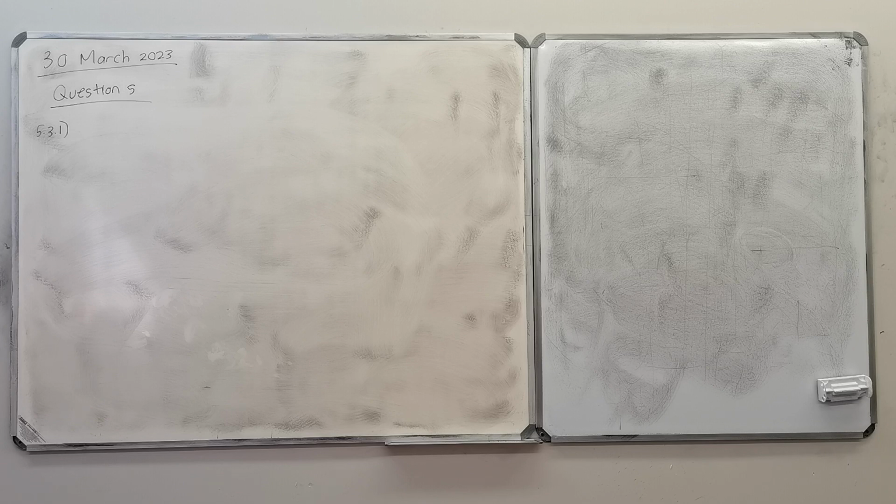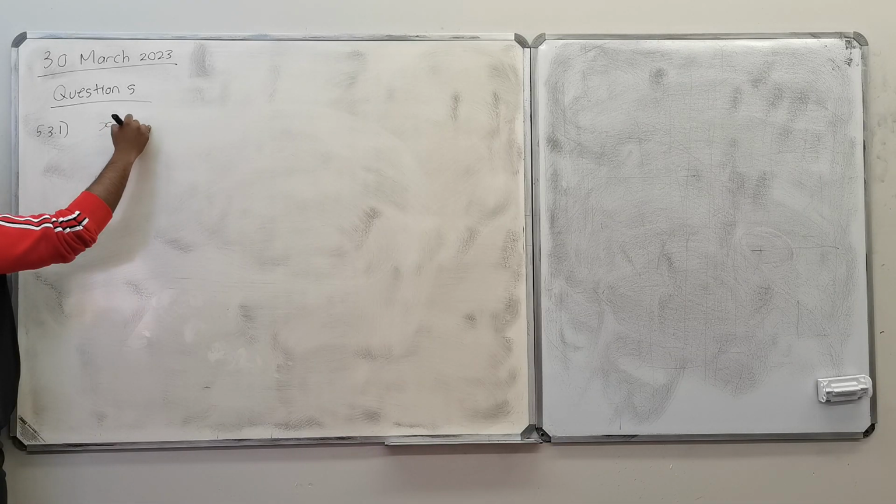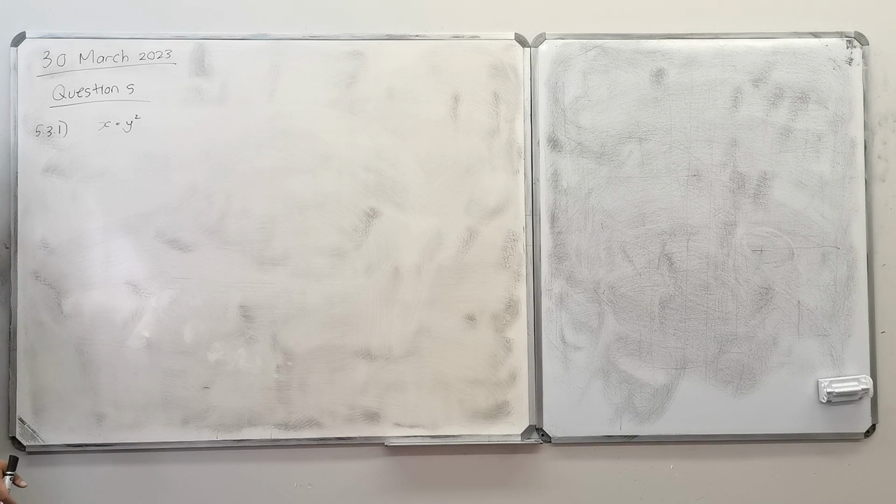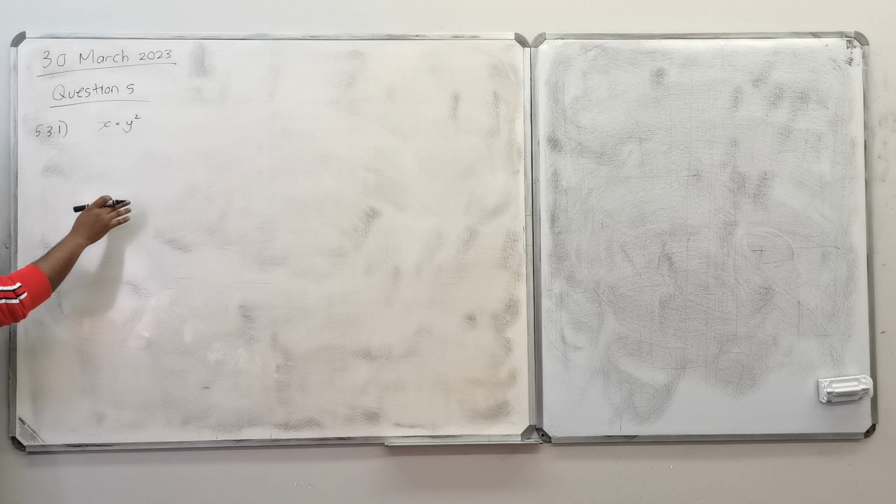Okay. So, when we did this question yesterday, what's the first thing you do? You draw a graph. So this is x is equal to y squared. What graph is this? Parabola, right? But this is the sideways one because remember your x and y is inverted.